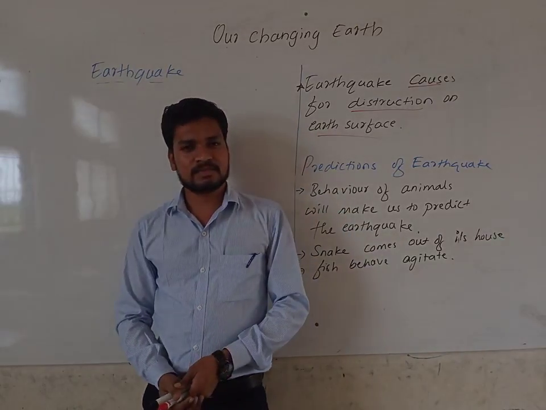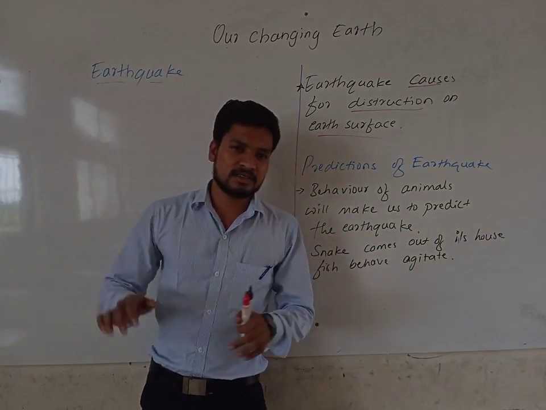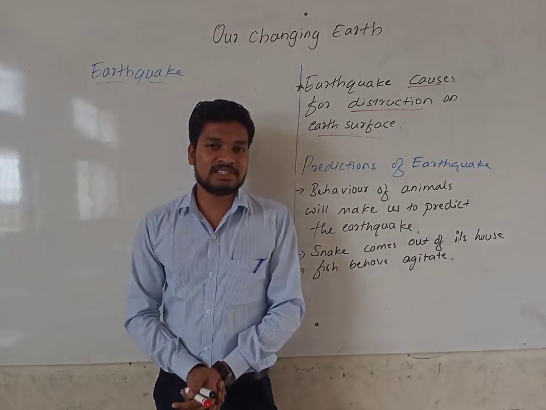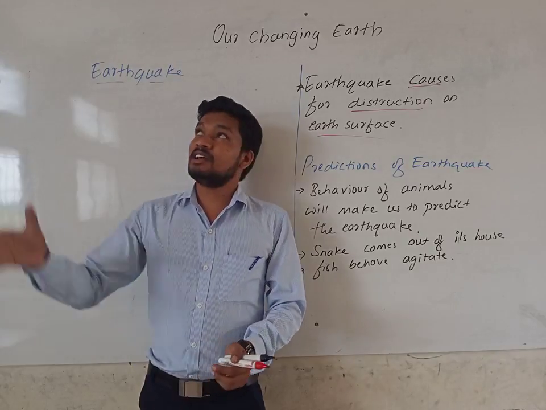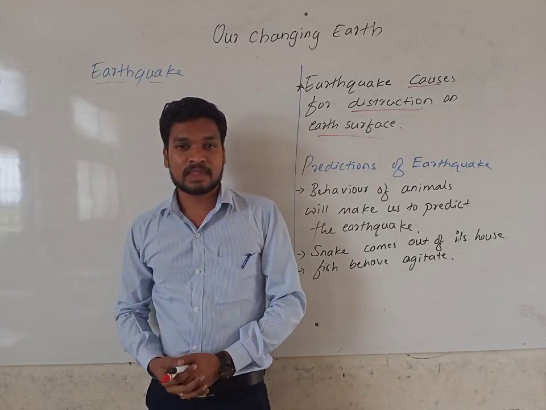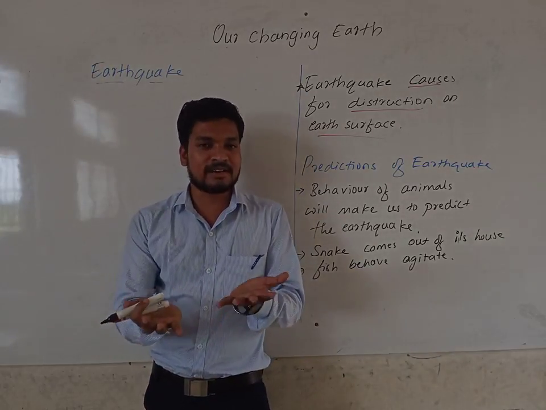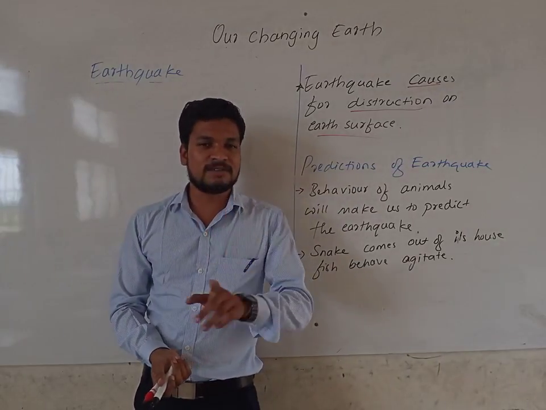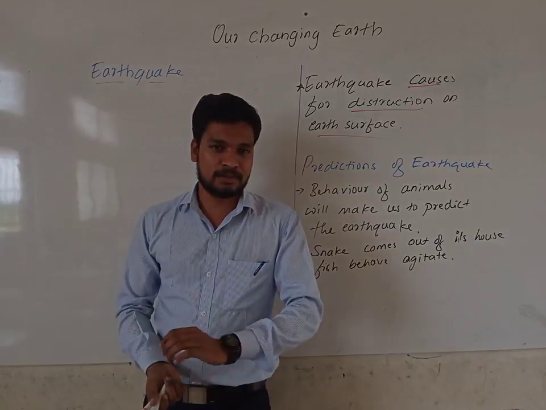What is the reason? There will be many things in the house, and when the earth shakes, there is a chance of all the things falling on our head. So when it starts to shake very slowly in the beginning, we need to search for a safe place. That means we need to get under a strong table.